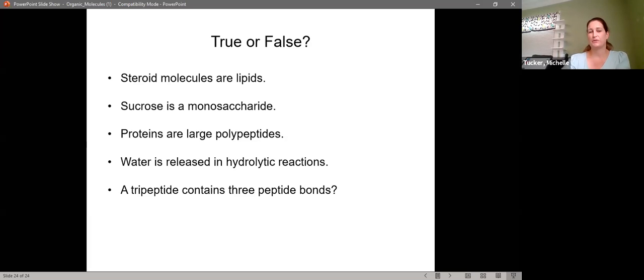Water is released or produced in what type of reaction? That's right, dehydration synthesis, so the other one. Okay. A tripeptide contains 3 peptide bonds. False, because it only contains 2. Very good.